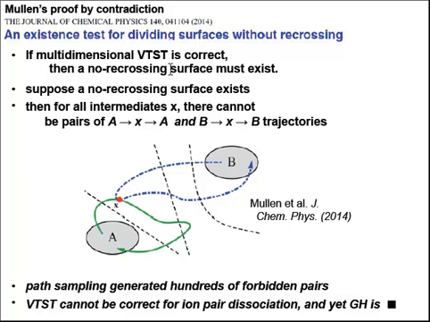If the argument is that when Grote-Hynes theory is correct, there is a multidimensional model for which transition state theory would work, and recall that several people have actually said this, then if that's true, it should always be possible in cases where Grote-Hynes theory works to find some multidimensional VTST model that's correct. That can only be possible if there is a surface for which there was no recrossing.